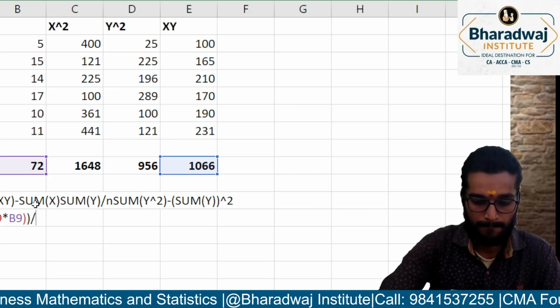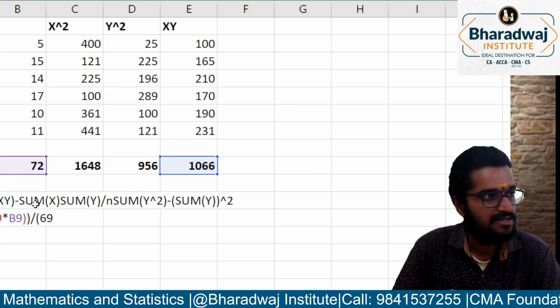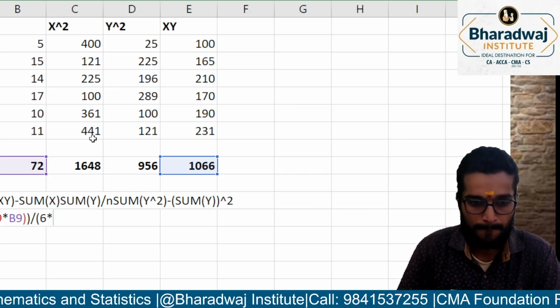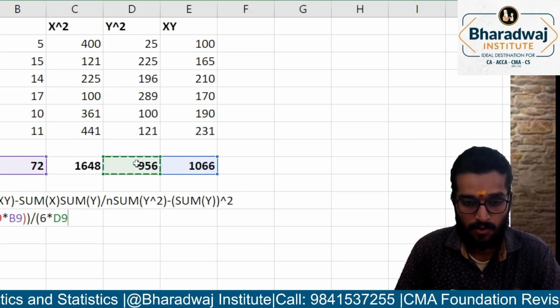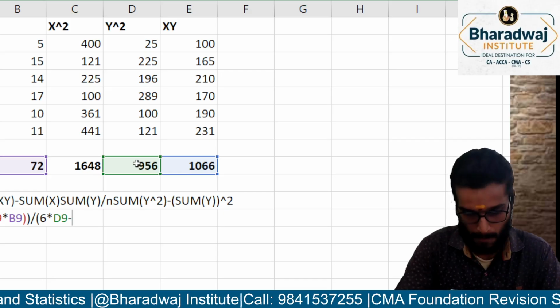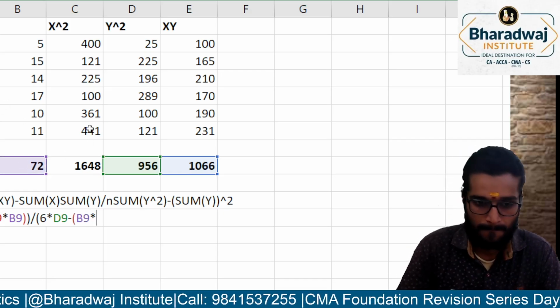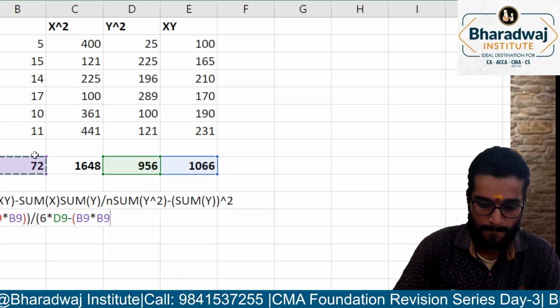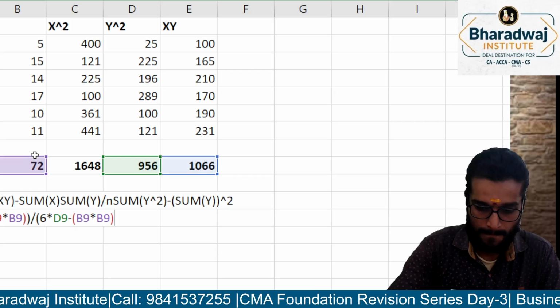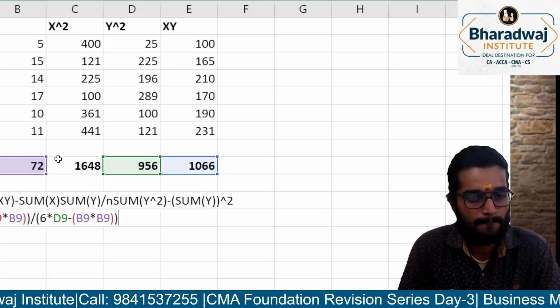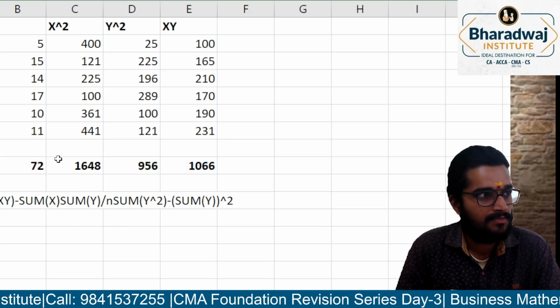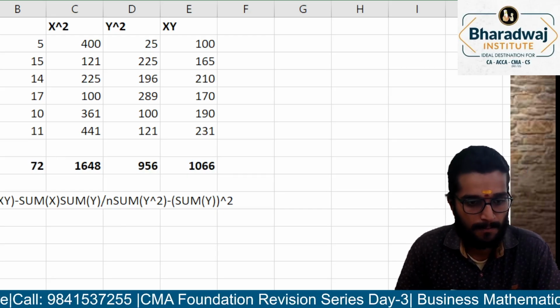Divided by 6 times summation x square, summation y square minus summation y. Clear. This is the regression coefficient.